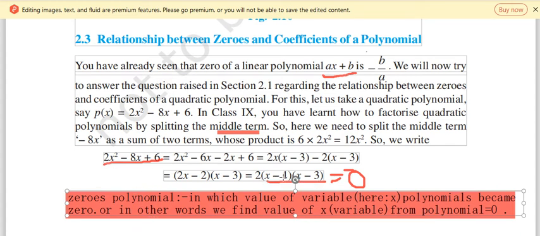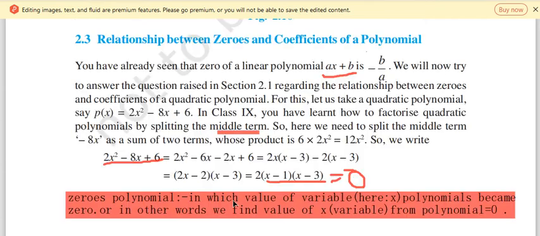Here this is the polynomial. The polynomial becomes 0 when the value of x equals 1 or the value of x equals 3. Therefore 1 and 3 are the two zeros of this polynomial.